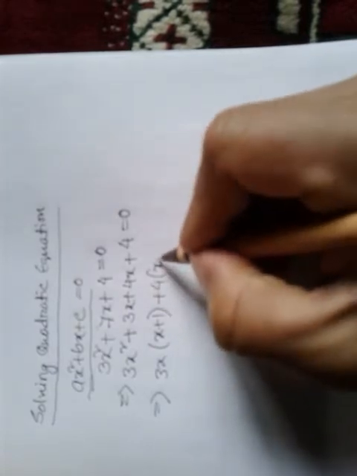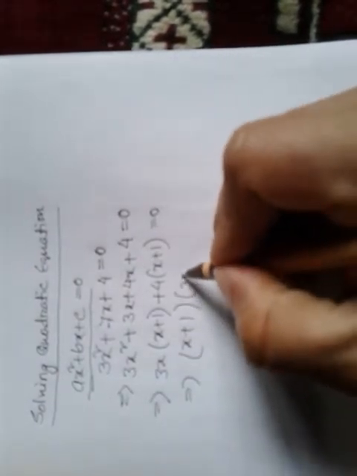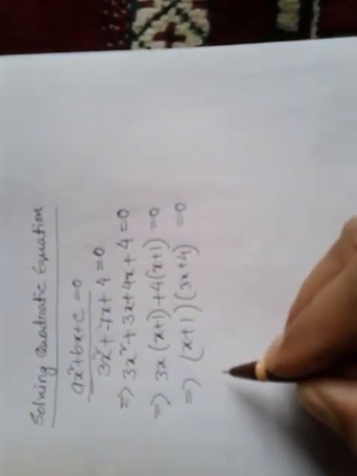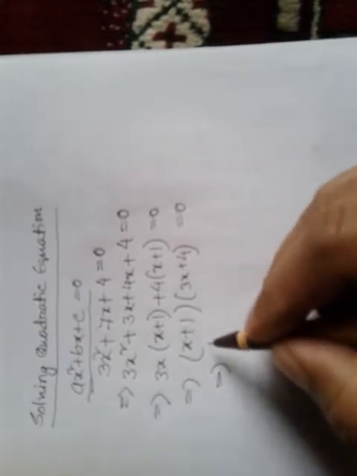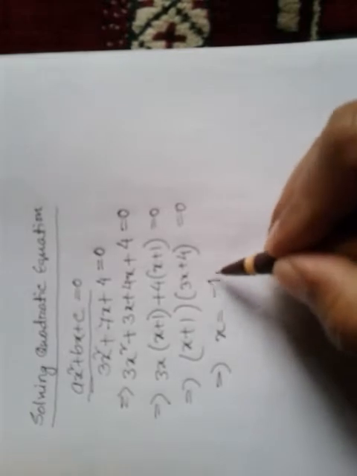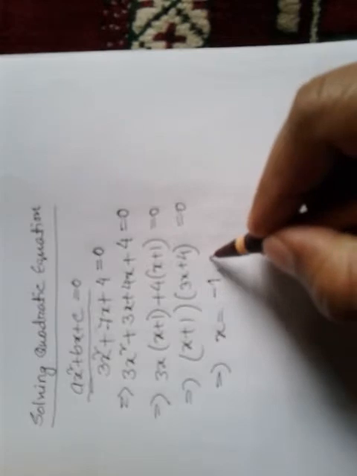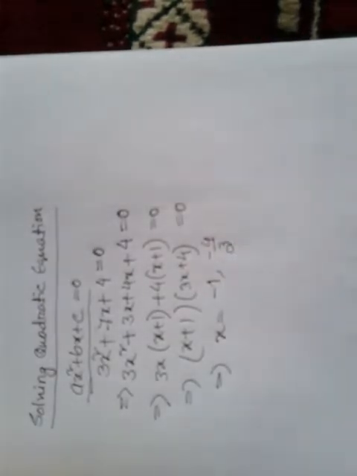and we will have a solution like this: 3x into x plus 1 plus 4 into x plus 1 equals 0, and we will have x plus 1 into 3x plus 4 equals 0, and that gives us x equals minus 1, and x equals minus 4 by 3.